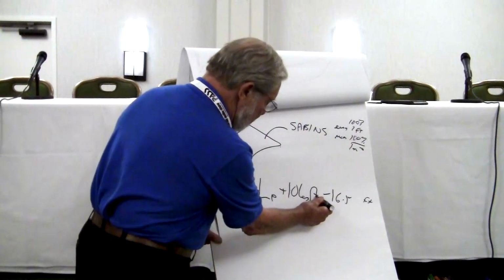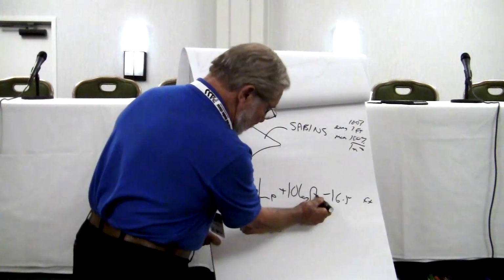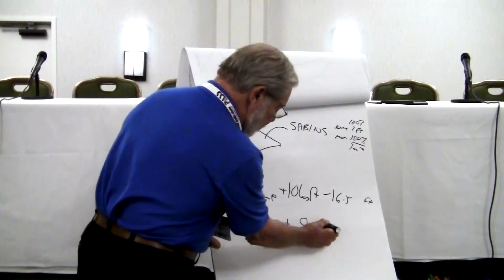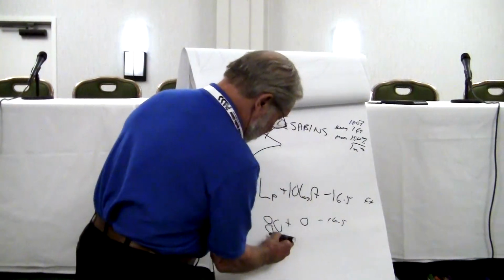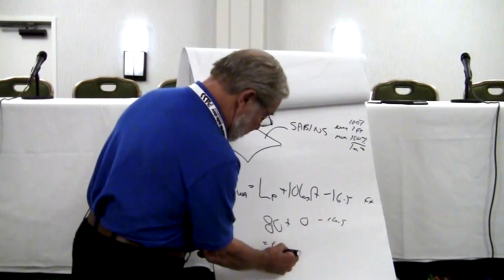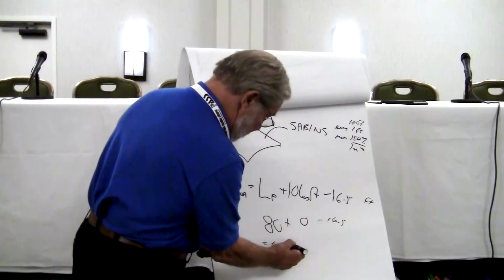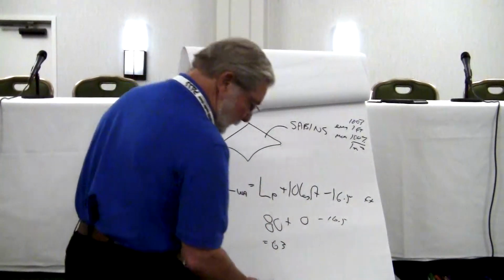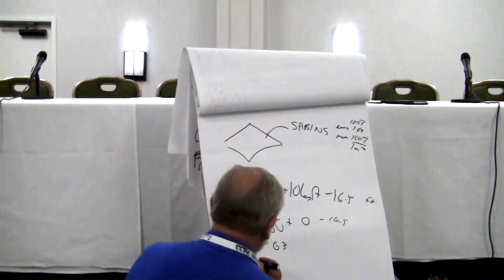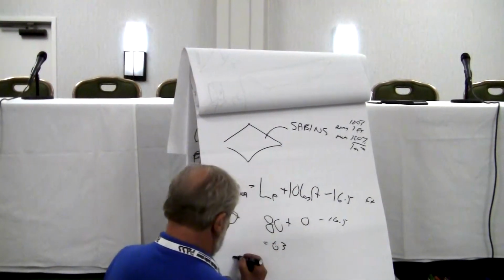So 10 log of 1 is 0. Minus 16.5 is equal to 63, whatever that is.